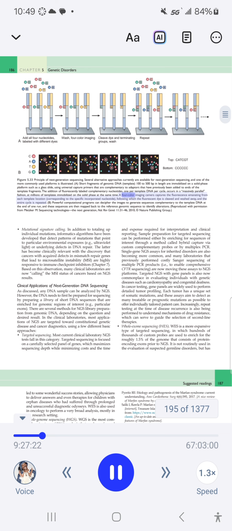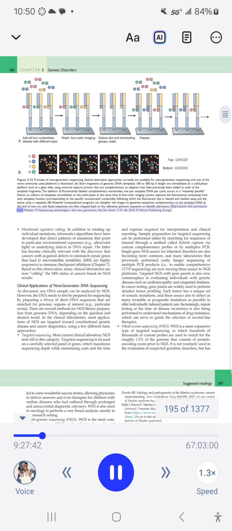A 4-color imaging camera captures the fluorescence emanating from each template location corresponding to the specific incorporated nucleotide, following which the fluorescent dye is cleaved and washed away, and the entire cycle is repeated. Powerful computational programs can decipher the images to generate sequences complementary to the template DNA at the end of one run, and these sequences are then mapped back to the reference genomic sequence to identify alterations.